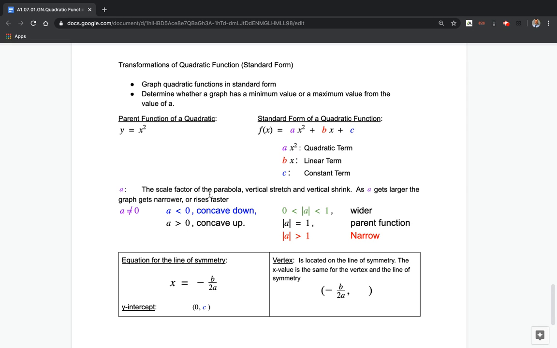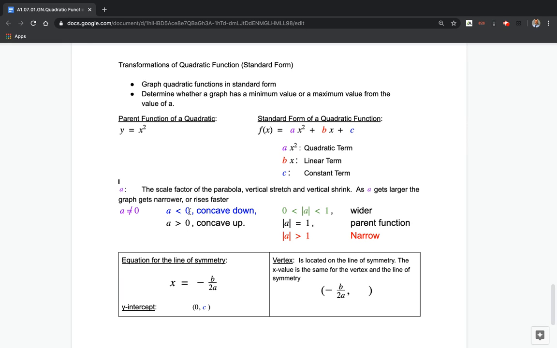As a gets larger, the graph gets narrower or rises faster, and we'll take a look at that example. So a cannot be 0. If a were 0, then this first term would drop out, and we'd just be left with a linear equation, bx plus c. So a cannot be 0.